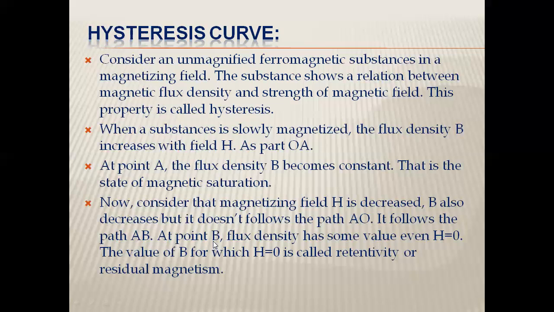So at point B, the flux density has some value even if the applied field intensity is zero. The value of B for which H is equal to zero is called retentivity or residual magnetism. The magnetism which is left over in the material, even when the applied magnetic field intensity is zero, is called residual magnetism.